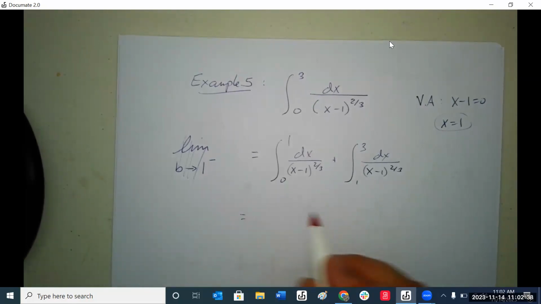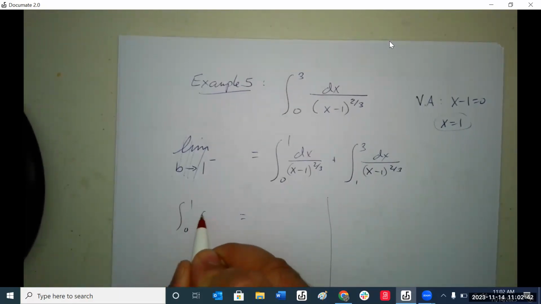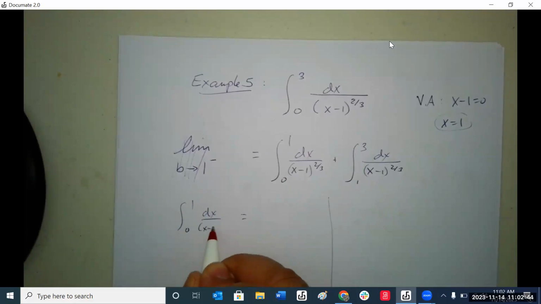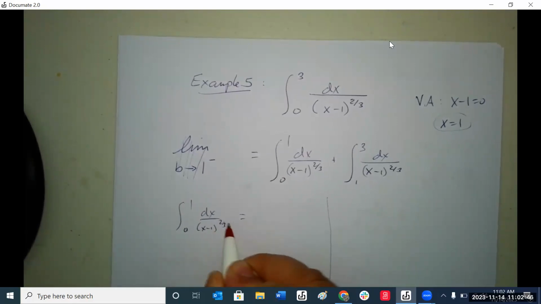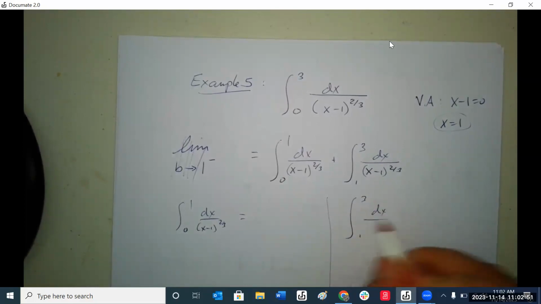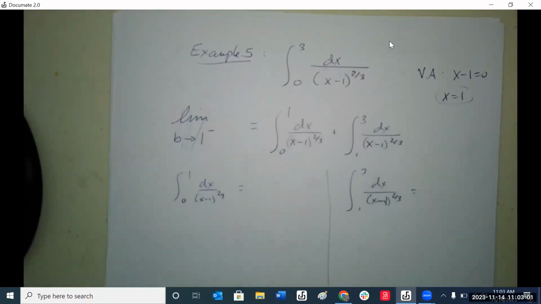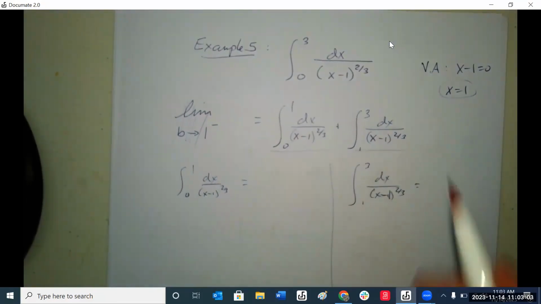Yeah, let's do both together. So this is from 0 to 1, dx over (x minus 1) to the 2/3. And this one is from 1 to 3, dx over (x minus 1) to the 2/3, equals. So I got to do both of these separately.